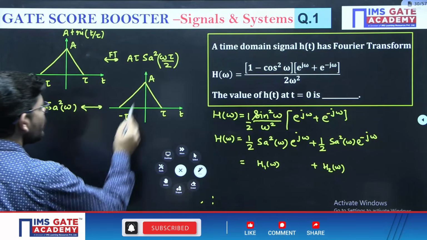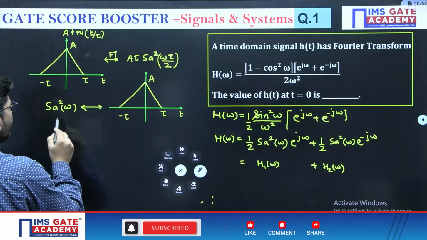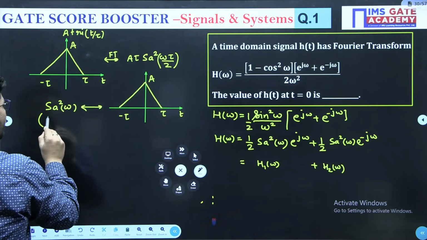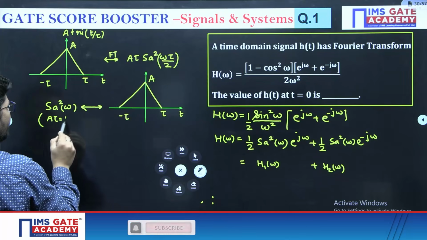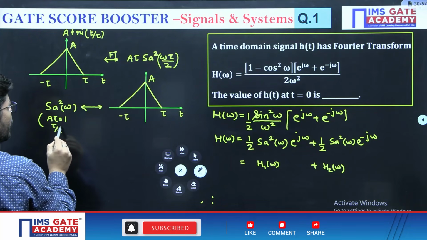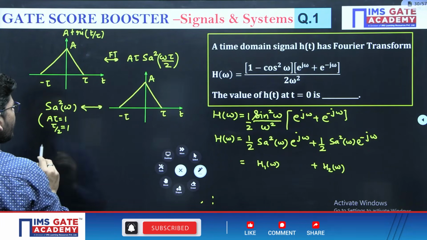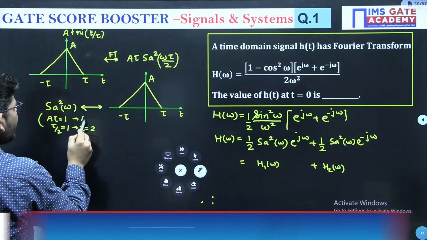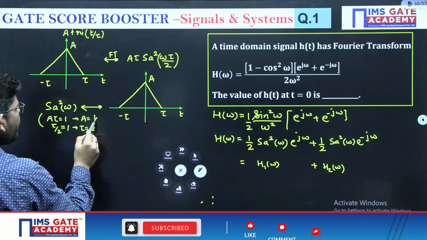Now what will be the value of this A and this tau? If you compare it with this one, the value of Aτ is 1 and the value of τ/2 is also 1. So from here tau will be 2, and A will be 1 upon tau, or 1 by 2.